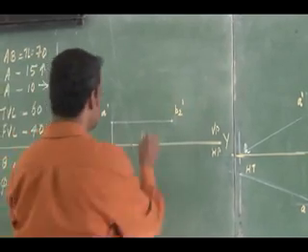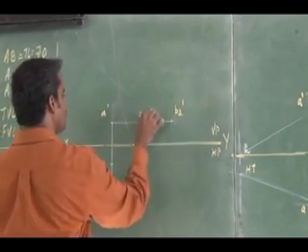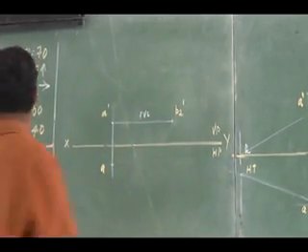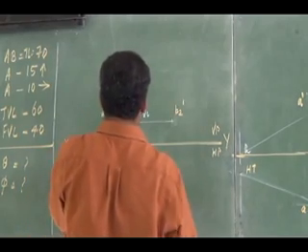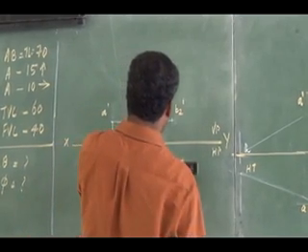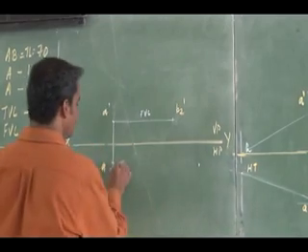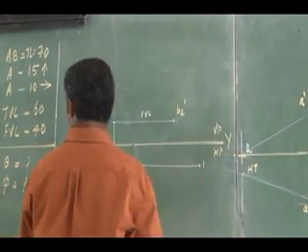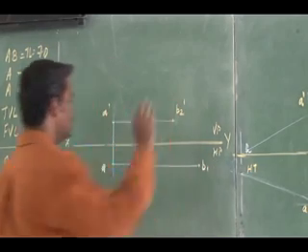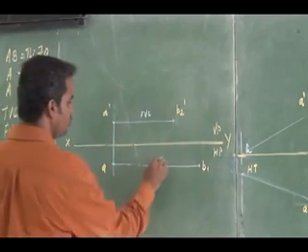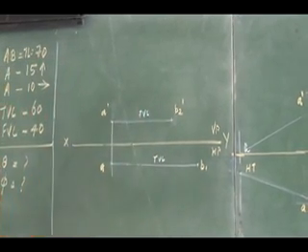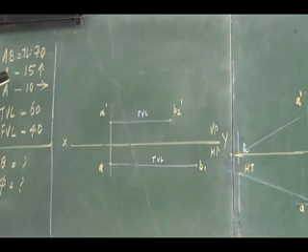Similarly, the top view length is nothing but A rotation, A B1, that is 60. So I can mark the top view AB1. This is my top view length. One more piece of data I haven't used is the true length.